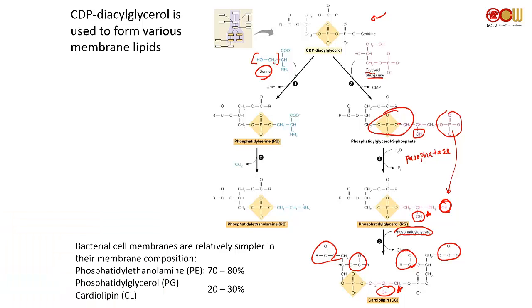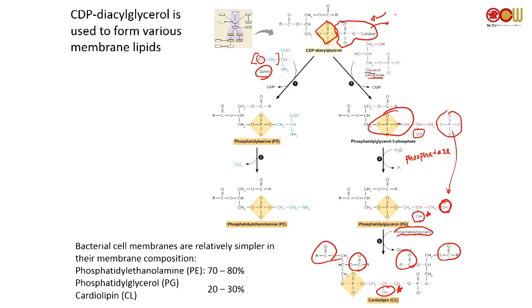Now because your serine has a hydroxyl group, essentially what you can do is have the serine OH react with the phosphate, and then the CMP can get kicked out. It's a very, very simple substitution.